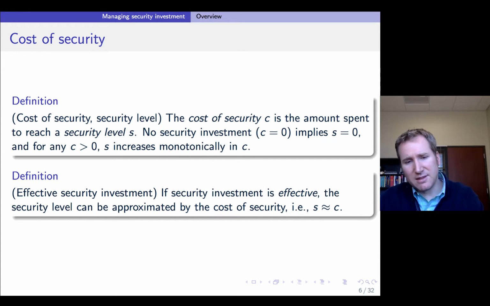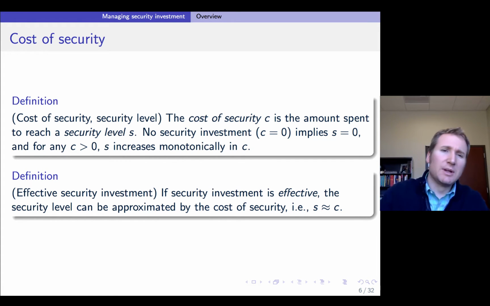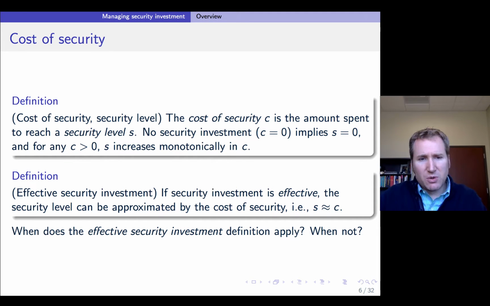So in this sense, there's a direct mapping between what you spend and how secure you are, which in certain circumstances is okay, but maybe in other cases not. So can you think to yourself about cases in which the effective security investment definition applies and when it does not? We can discuss in class some of your ideas for that.